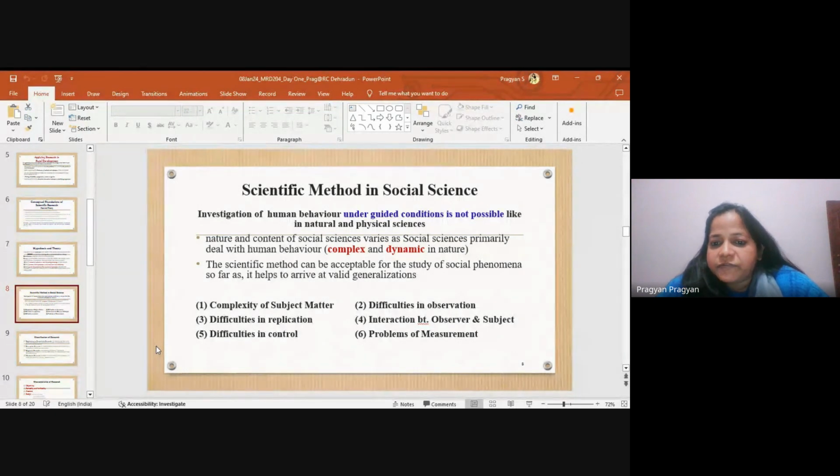Second point is difficulties in observation. Actually, it is not possible for us to observe everything. For example, when we were trying to discuss those numbers of those absent boys from the class, not everyone is going to understand. For example, some students from city are actually going to question that, ma'am, this is a very good sign. I said, what is that good sign?